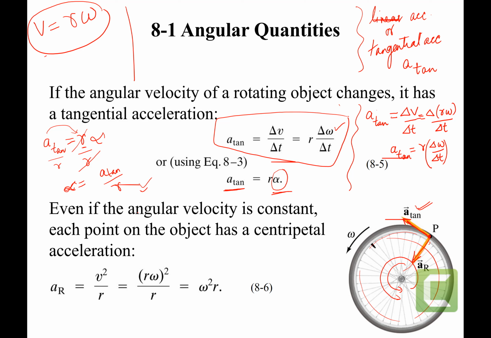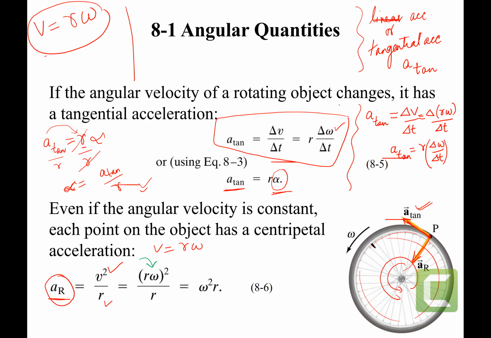We need to define now a third type of acceleration, which is the centripetal acceleration. All of us know that when an object is going in a uniform circular motion, we have A_R, the center seeking acceleration, which is given by V squared over R. Now, since V is R into omega, we have substituted for V here as R omega.